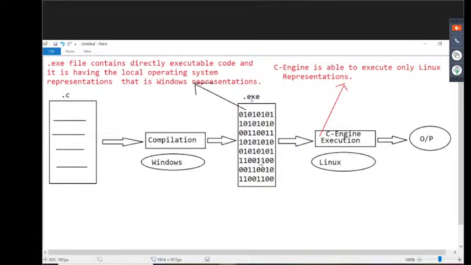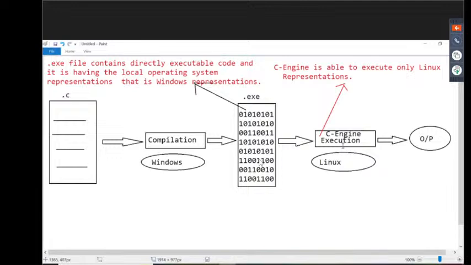Okay, fine. Now observe carefully. The .exe file has what representations? Windows representations. Am I right or not? The C engine is able to execute only what representations? Linux representations. Observe carefully.